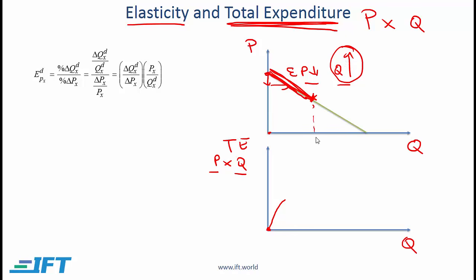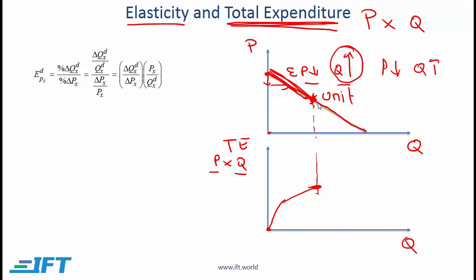So up to this point, our quantity is going to increase. Over here, let's say we are unit elastic. If we are unit elastic, then a decrease in price by 1% causes an increase in quantity by 1%. So these two balance out. Therefore, at this point where we are unit elastic, the total expenditure does not change.